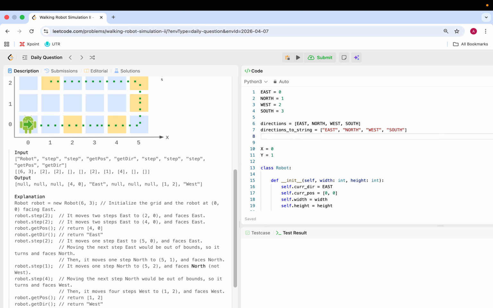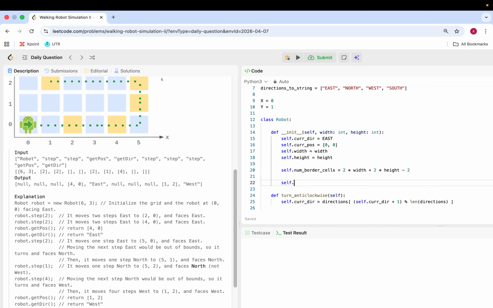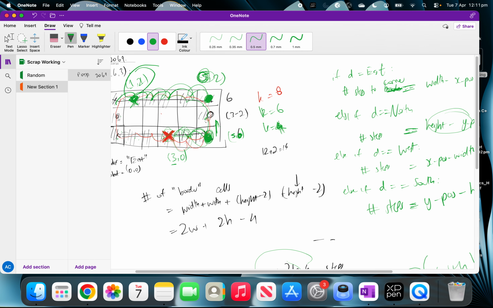Well, maybe I can do something like, this is going to be a bit dumb, but self.corner_destination, whatever, is equal to a bunch of, ooh, maybe I should make them tuples so that they don't change. I don't know. So from east, your destination is this corner over here.